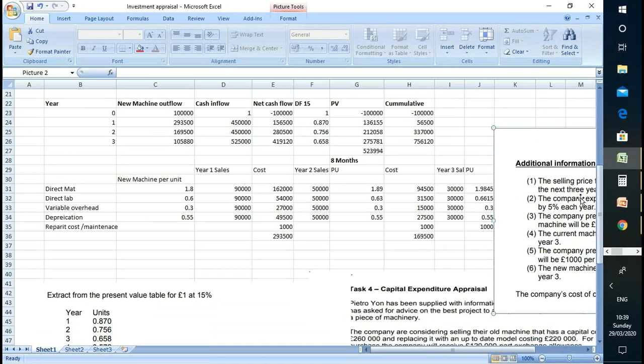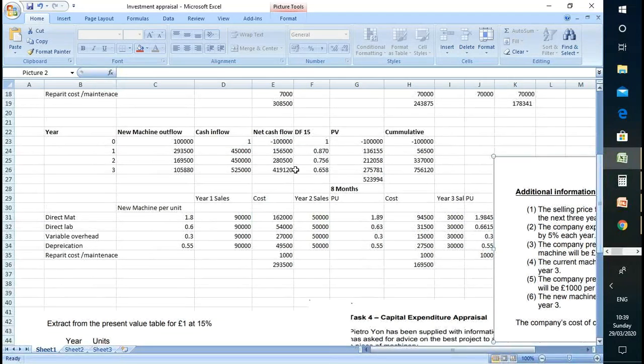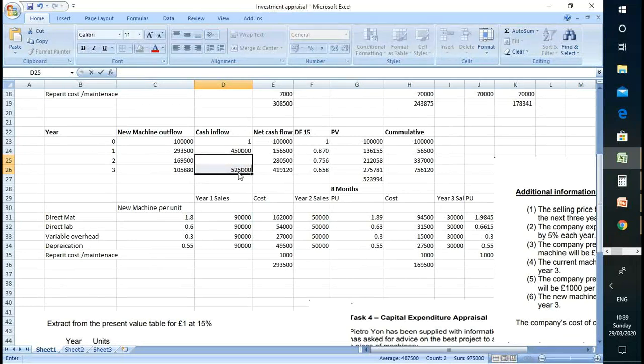Do we know how much? Yes. So now second machine cash flow. This will be the same, and these two need to be changed for the second machine. So second machine now equal. Second year, how much sales? 50,000 at £5, 250,000.